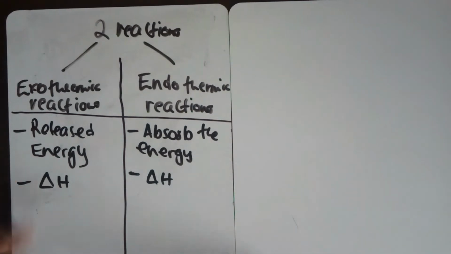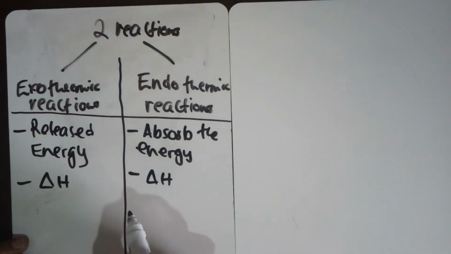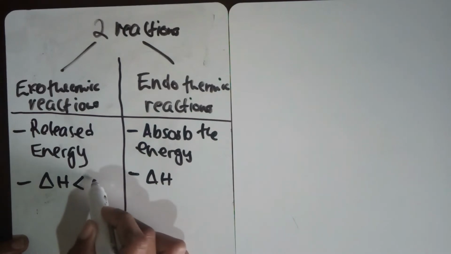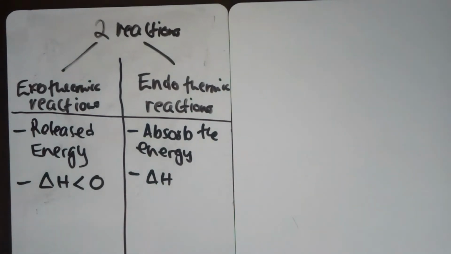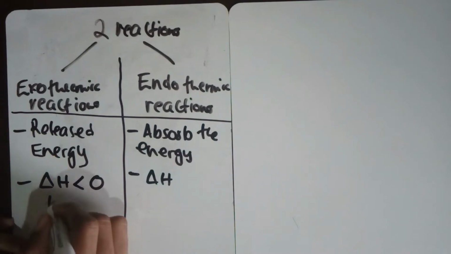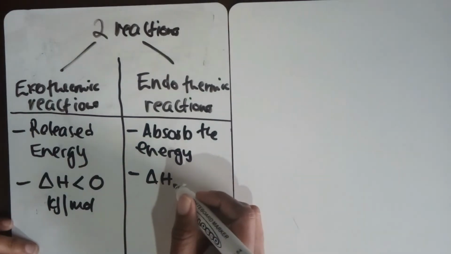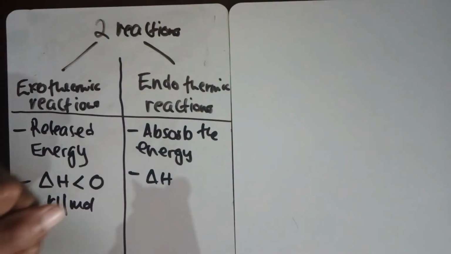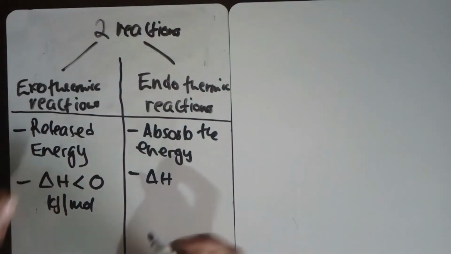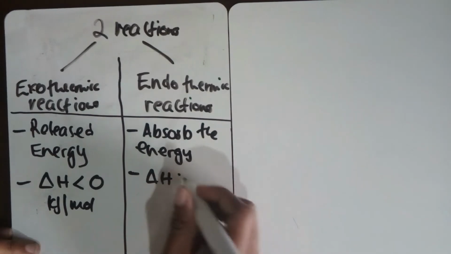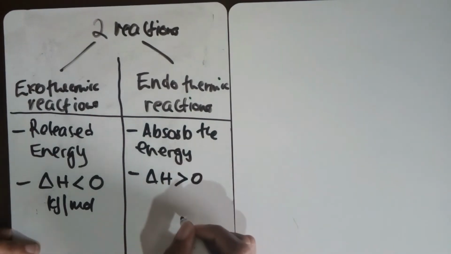For exothermic reactions, this heat of reaction, this energy that is released, you'd find that it is negative, so it's less than zero, and it is measured in kilojoules per mole. For endothermic reactions, because this reaction absorbs the energy, that heat of reaction, or enthalpy, is greater than zero, meaning it's positive.